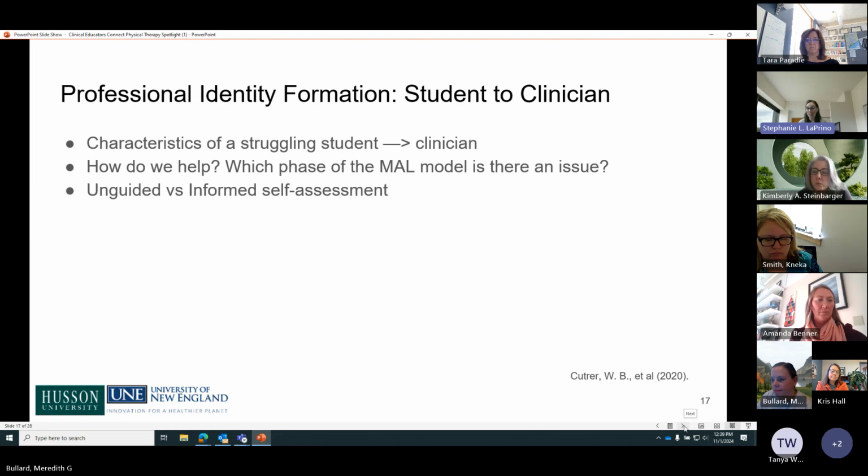They can describe what the expected outcomes should be and the appropriate strategies to achieve them, but they have trouble with the operational side of things, the logistics. And their self-assessment doesn't really match what the supervisors' or their peers' assessment is. So in this case, the learners will need help with their informed self-assessments, which I will talk about in just a moment.